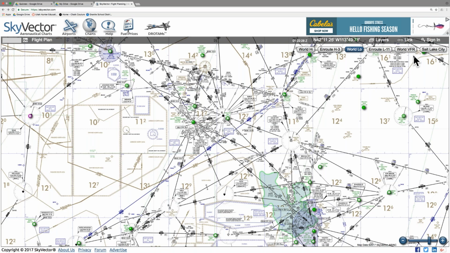Just another question: what type of approach will give you the lowest minimums? ILS. Great. ILS is our most precise approach into an airport. So when we ask you, in the near future, to give us alternate minimums for an airport, you will start with the ILS approaches.